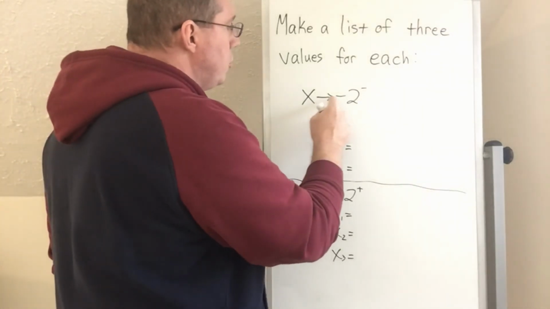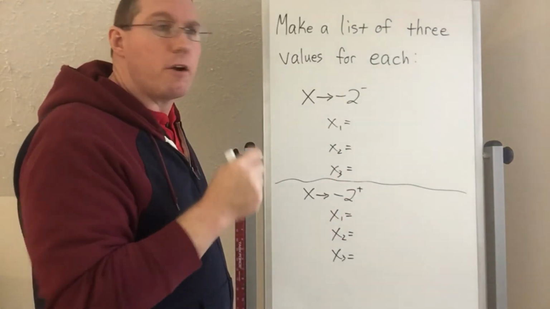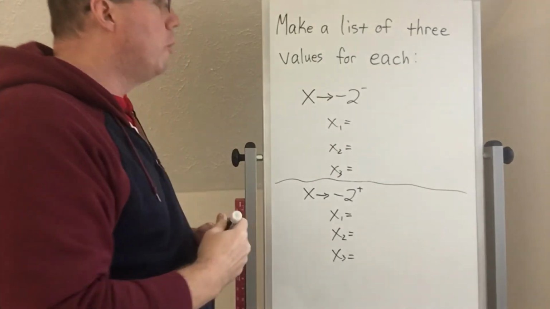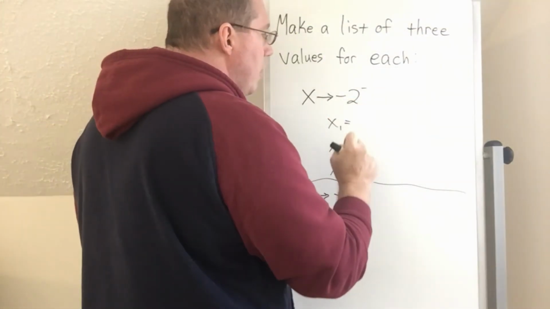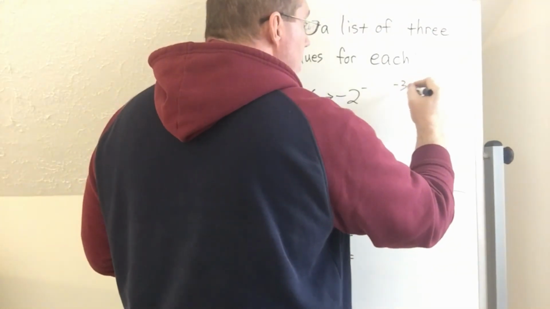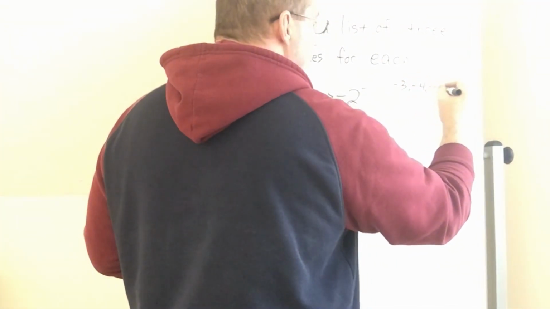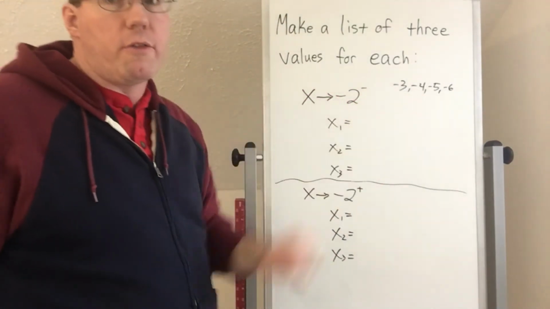So x approaches -2 from the left. Remember, from the left means numbers that are smaller than -2. Well, here's what I want to remind you. All of the numbers that are smaller than -2 are, for example, -3, -4, -5, -6, okay? All of these numbers are smaller than -2.